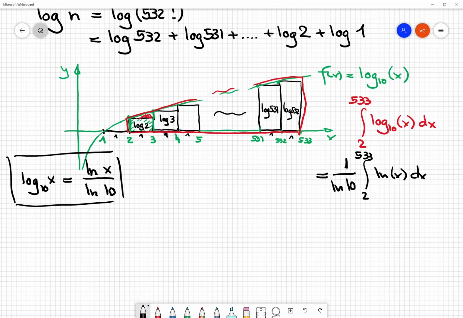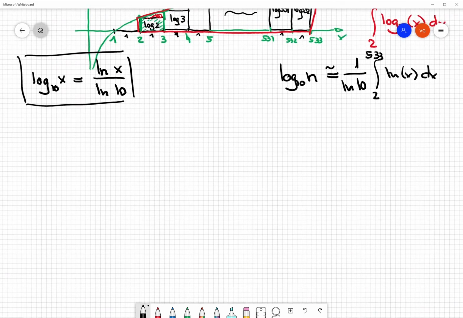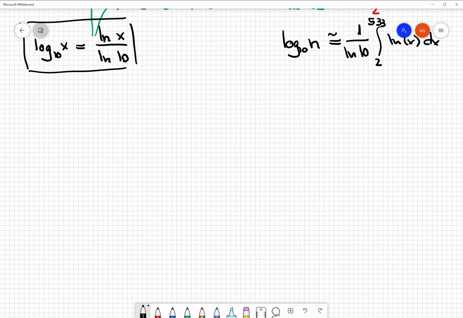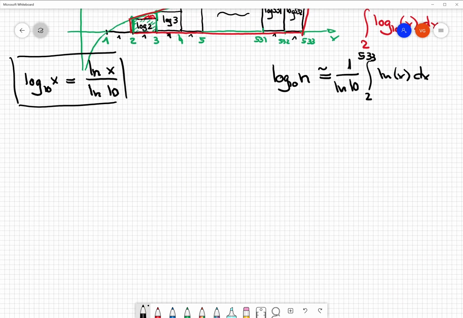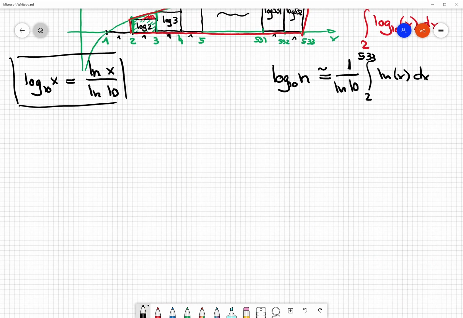And this is an approximation of log base 10 of n. Now if we try to evaluate this integral, then we find it's hard to find the antiderivative. We can use a trick here. It is 1 over ln 10 times the integral from 2 to 533 of 1 times ln x, and now we use integration by parts.